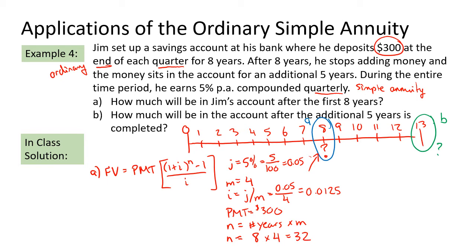So if I substitute that in, our future value is equal to $300 times 1 plus 0.0125, the exponent 32, minus 1, divided by 0.0125.